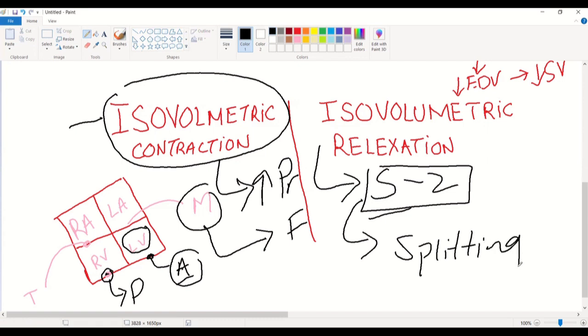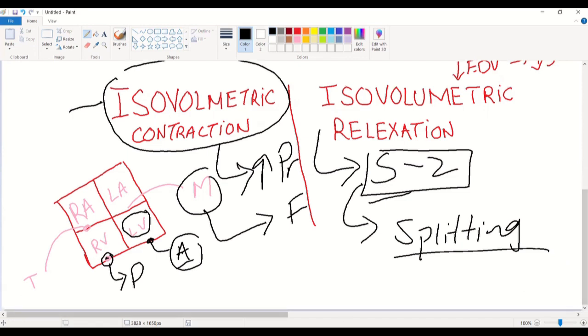Can anybody tell me a physiological condition, not pathology, in which splitting of S2 is exaggerated? Inspiration. Right. We will discuss how inspiration leads to the splitting of S2.